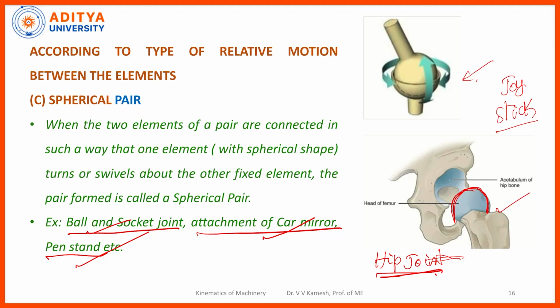All these are spherical pairs, right. So what is the advantage of the spherical pair? The moment you are holding a spherical pair, this particular link can have a very high degree of freedom. It can rotate in many directions, right. So the movement of this will be very high, okay. Now what is the degree of freedom? We will discuss later, right.